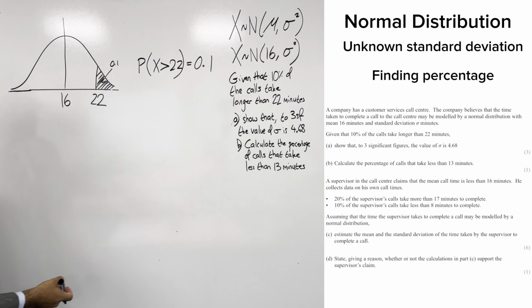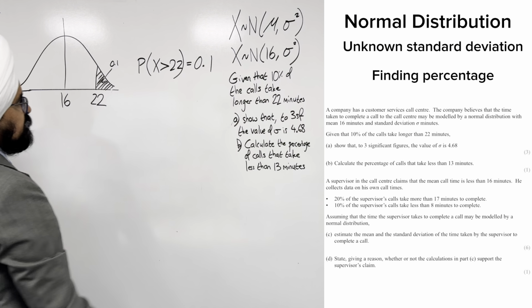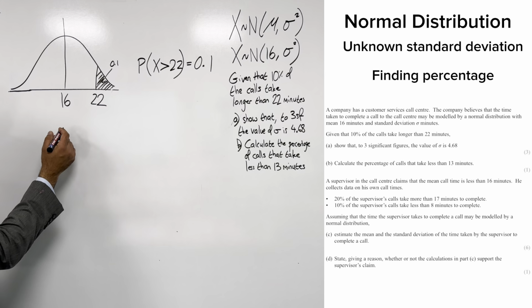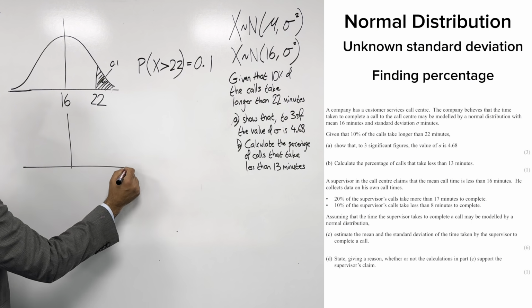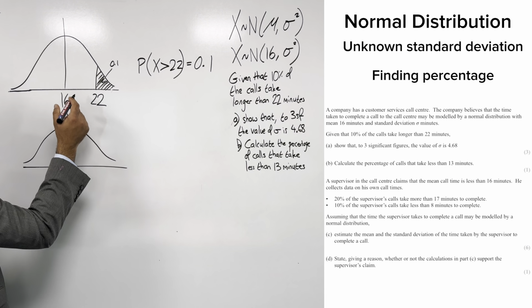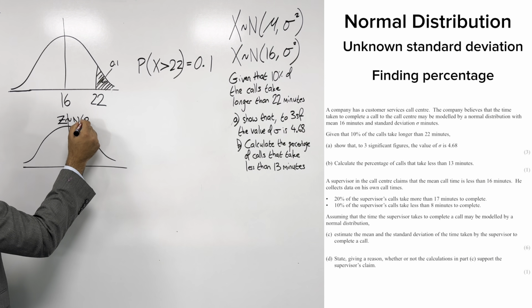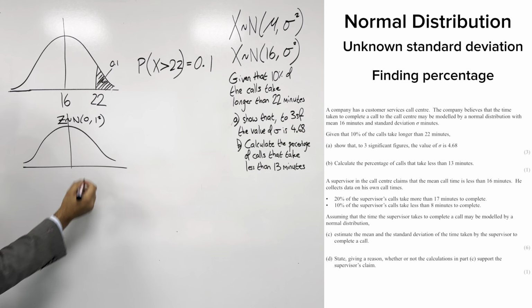If I want to work out what sigma is, you will need to use this information, and it's basically trying to work out the unknown value of sigma. So I could do that by using a standard normal distribution with mean 0 and sigma 1.